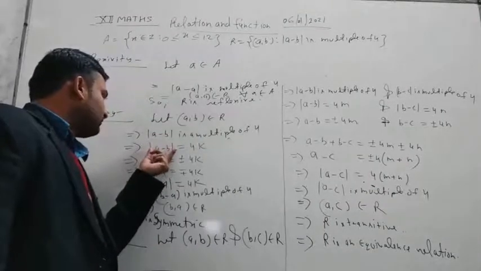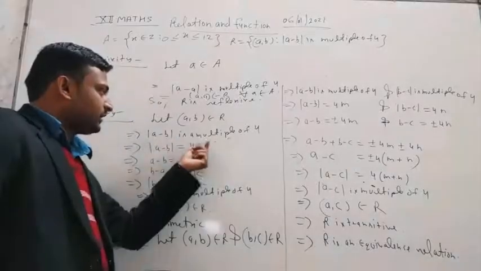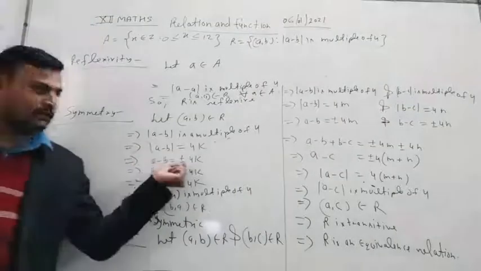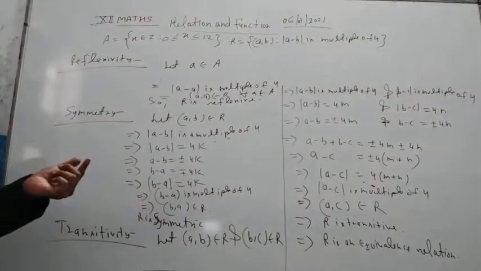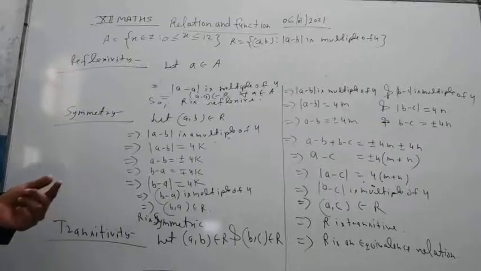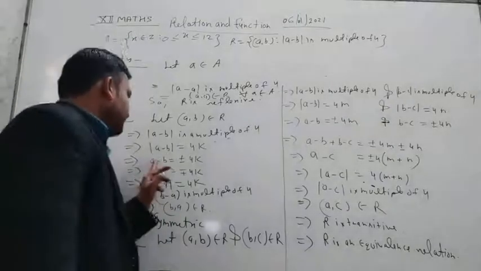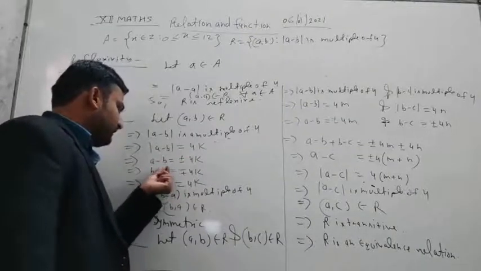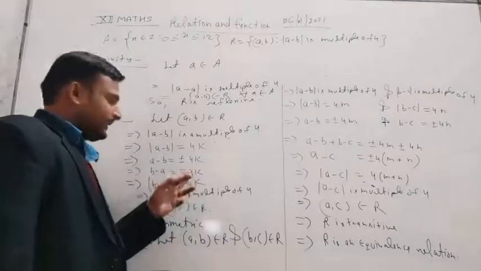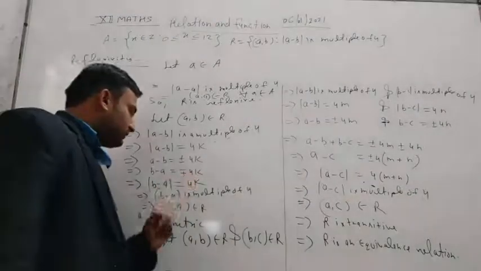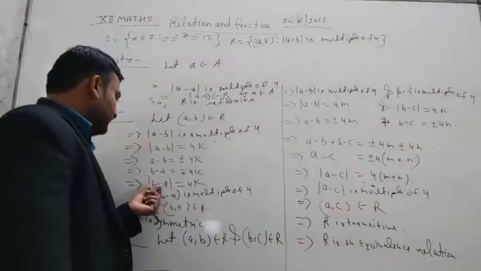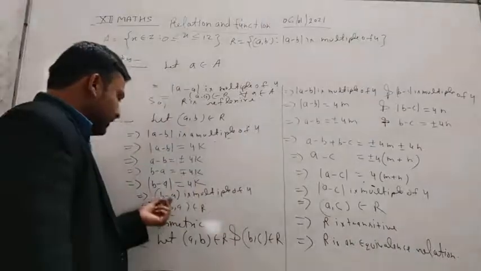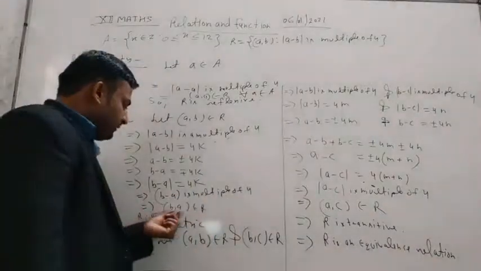So the modulus of A minus B we can write as 4k, where k is a constant, and A minus B is equal to plus minus 4k. When we are writing B minus A, we change the sign. So when we apply the modulus, we again write 4k. Now B minus A is a multiple of 4 and BA belongs to R.